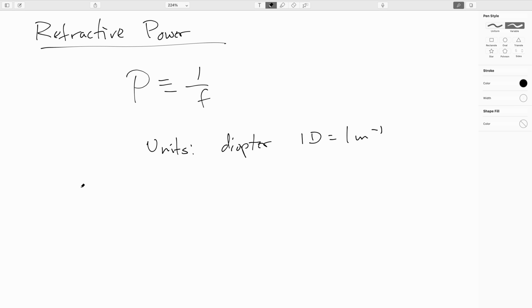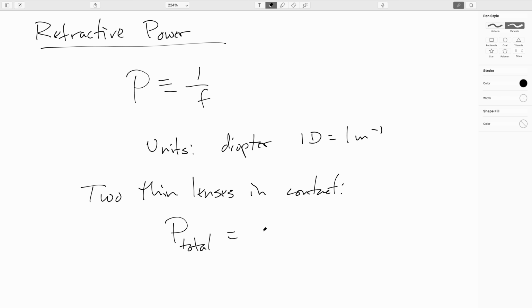But if you have 2 lenses in contact with each other, if they're thin lenses, there is a nifty relationship that the total refractive power is equal to the sum of the refractive powers of the 2 lenses.